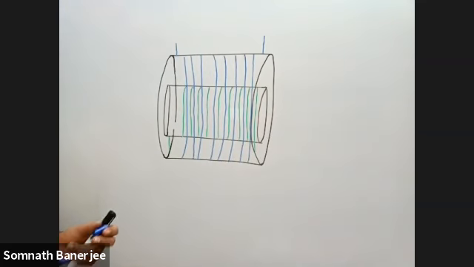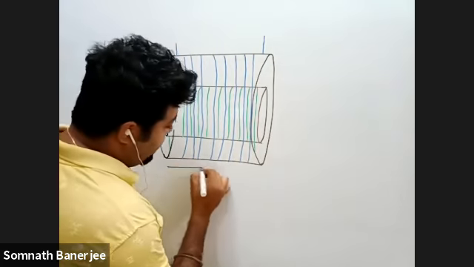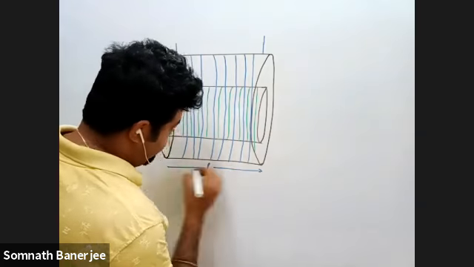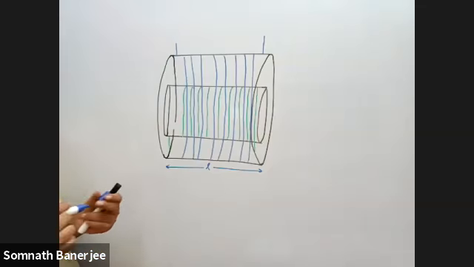This one is the secondary turn. And L is the length of the solenoid.